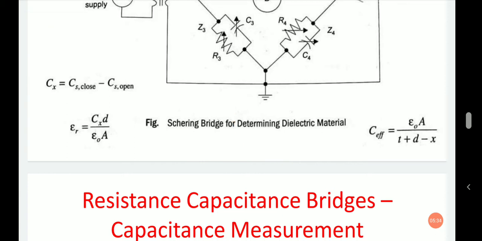However, the effective capacitance can also be found as the series combination of Cx and the capacitance due to the space between dielectric and metal plate, C0.